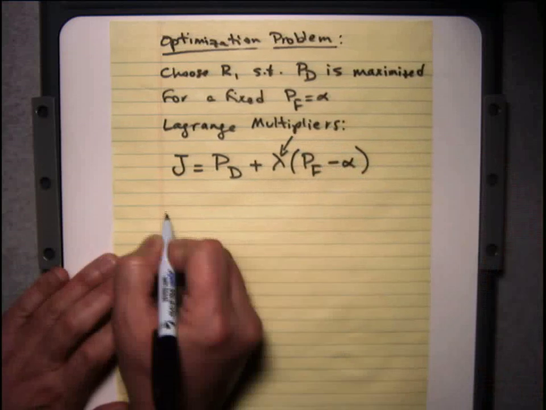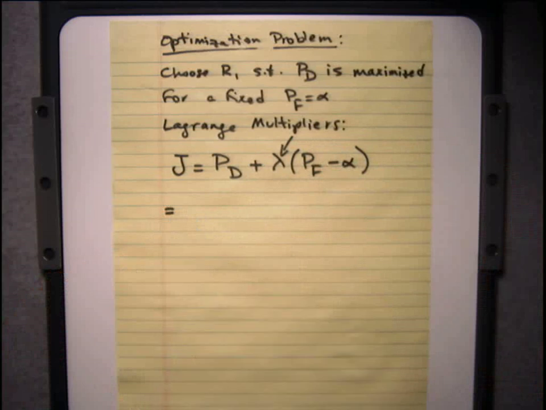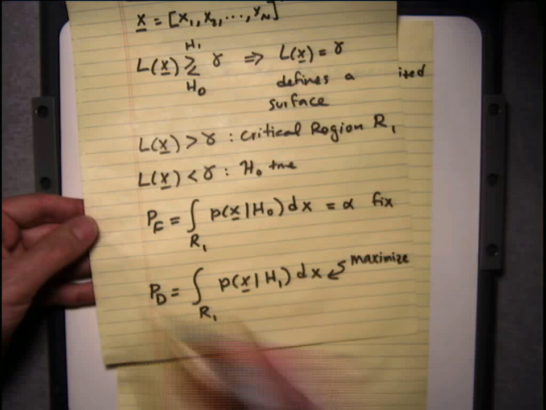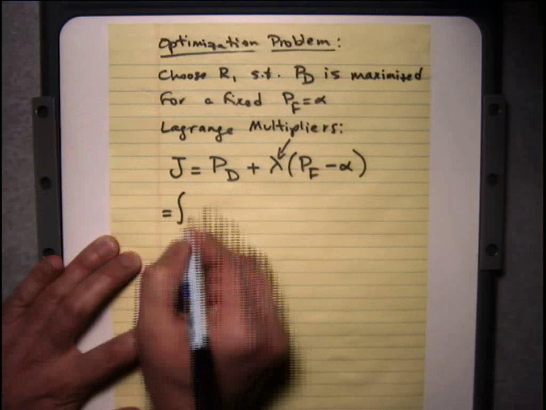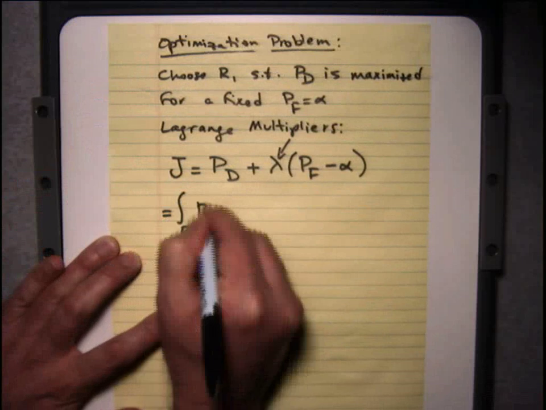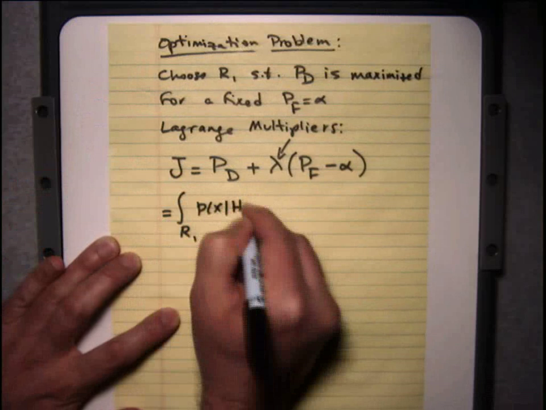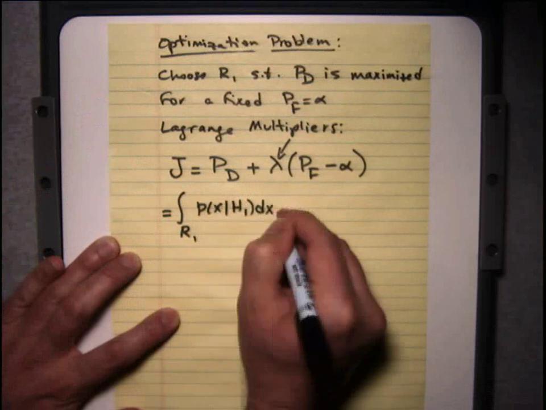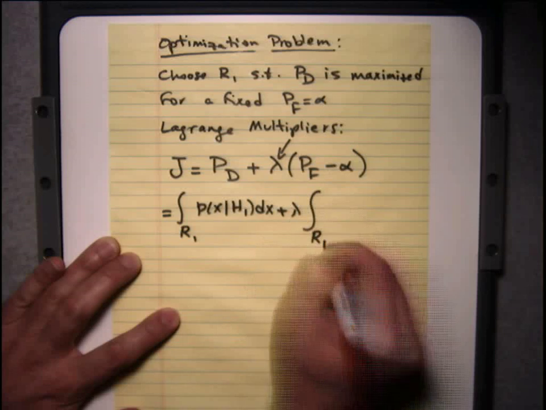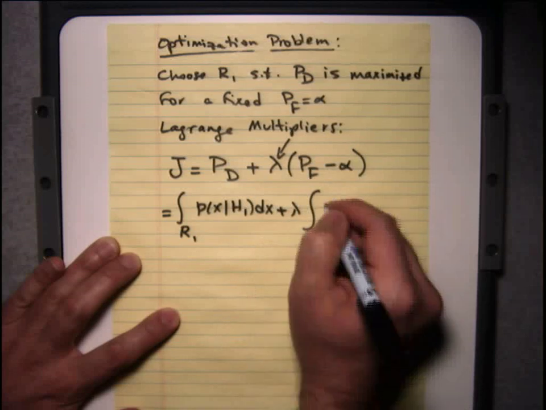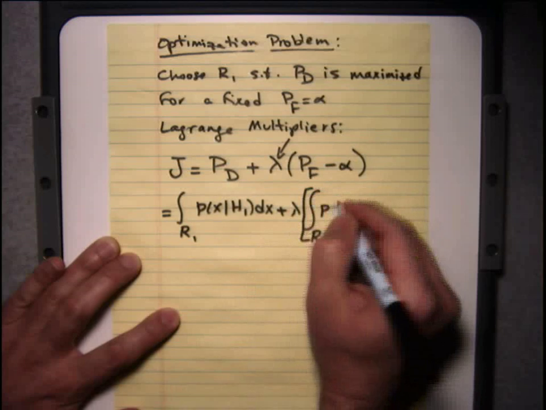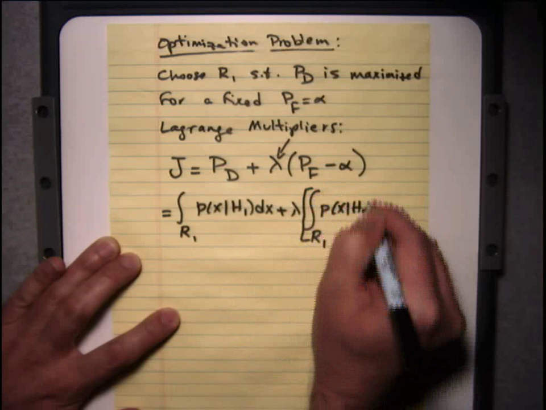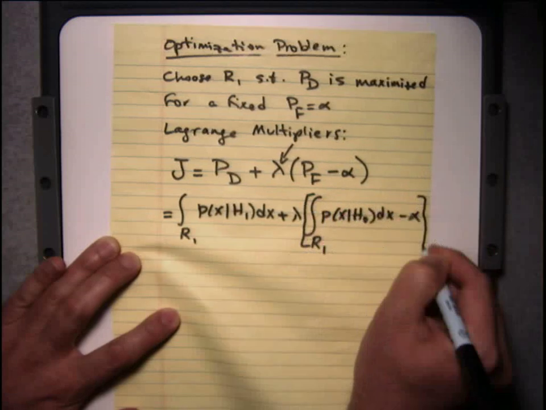So let's write this whole thing out using the expressions that we had here. This is the integral over R1 of the PDF of x given h1 dx, plus lambda times the integral over R1 of the PDF of x given h0 dx, minus alpha.